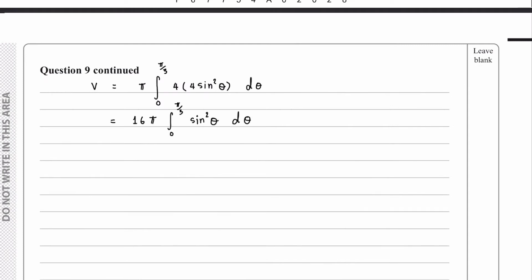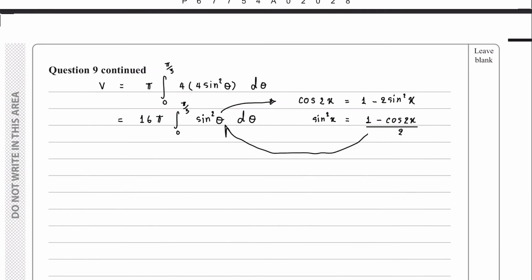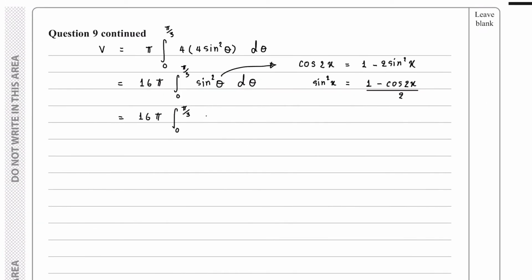We still can't integrate this term, so we have to rearrange it again. From this identity, we have cos 2x equals 1 minus 2 sine squared x. So we make sine squared x the subject. Sine squared x is 1 minus cos 2x divided by 2. So we substitute this term into here. Sine squared theta is 1 minus cos 2 theta divided by 2 and d theta here.